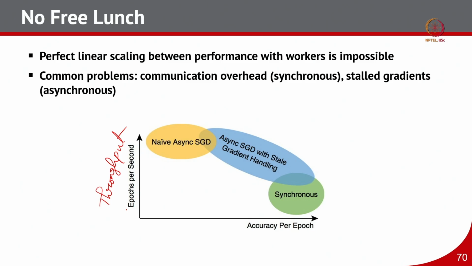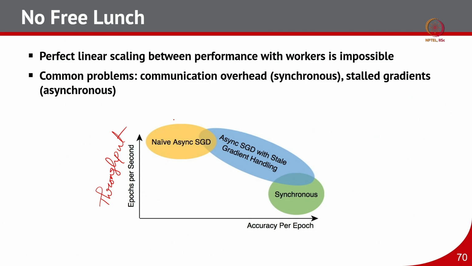On the other hand, we can have naive asynchronous SGD, where we do the synchronization after each GPU finishes its execution for the entire data set assigned to it. There our epochs per second will be very high, the throughput will be very high, but the quality of training, the accuracy per epoch, will be low.